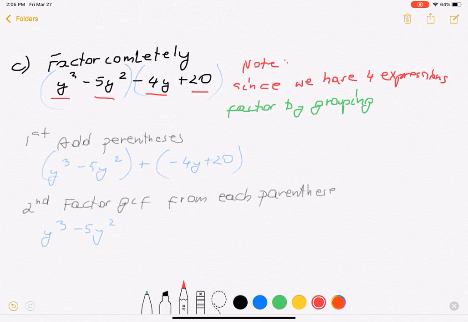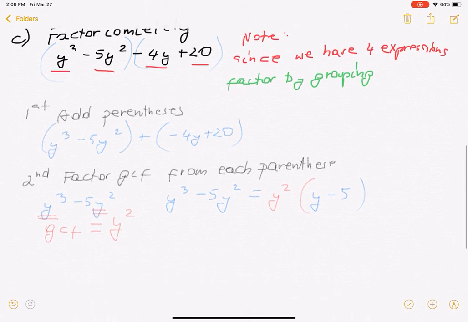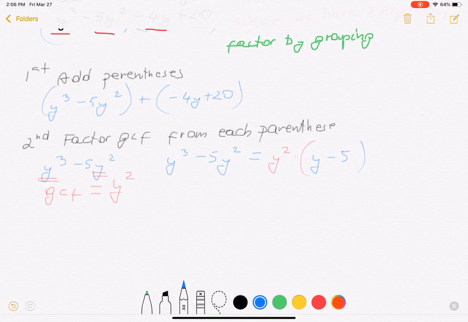The GCF here is y squared, the variable which repeats to the lowest exponent. So y cubed minus 5y squared, we factor out that GCF, which is y squared, and that will give us y minus 5.